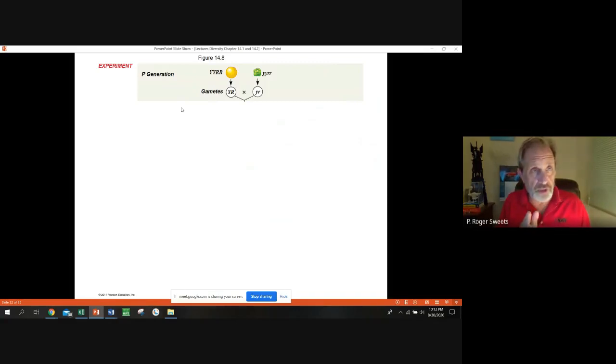That's a separate gene, right? The big Y and the little y. It's always going to have the big Y within this yellow round seed right here. And it's always going to have our big R, which is the dominant trait, round. So all of the gametes are going to have these two separate alleles of those two separate genes, which is color and wrinkled or round.